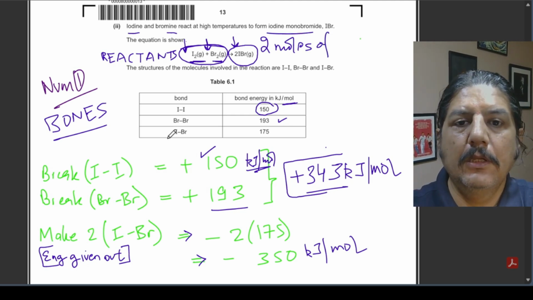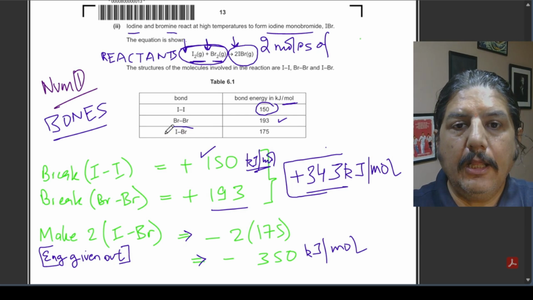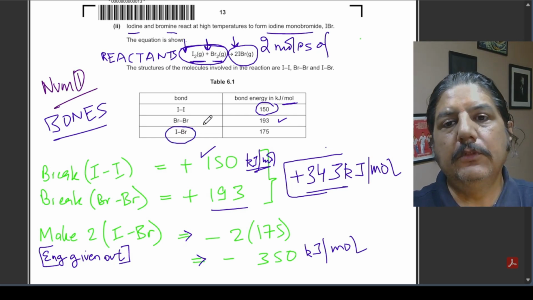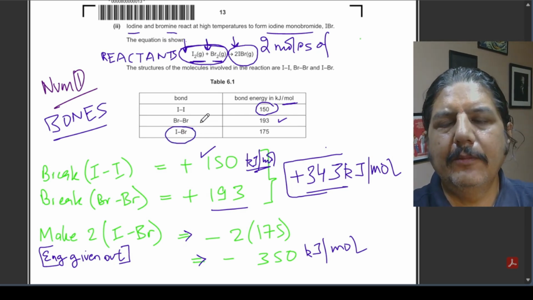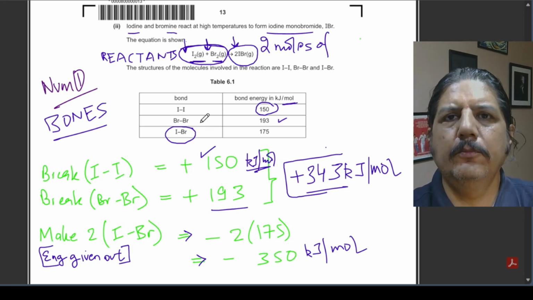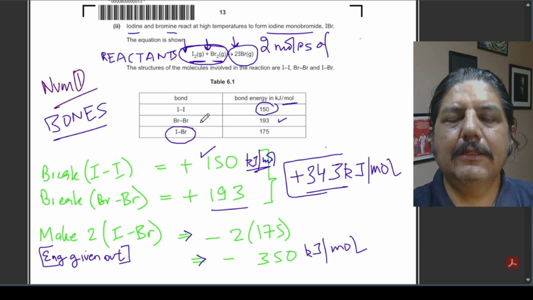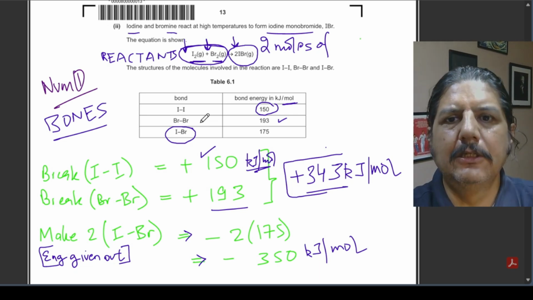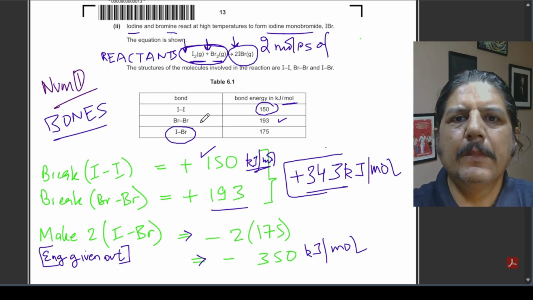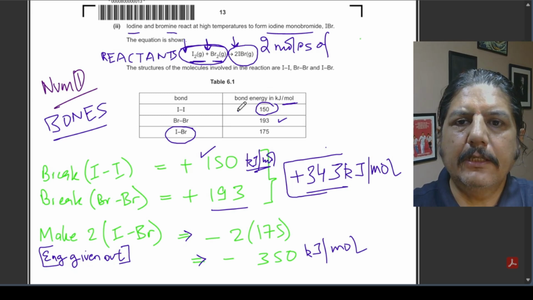2 moles. Now these bond values can be used for breaking also, and when the bonds are made, this amount of energy is released. We just have to take care of the signs. So for example, in this case, the sign that we were using to break the bonds was positive.